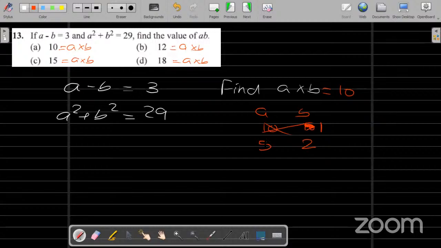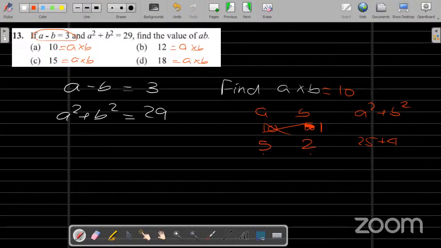Then 5 and 2, then a minus b is 3. That's a possibility, right? Now just see a square plus b square. If that is 29, that will be the answer. a square is 25 and b square is 4. 25 plus 4 is 29. So the two numbers 5 and 2 satisfy both the conditions. a minus b is 3 if a is 5 and b is 2.